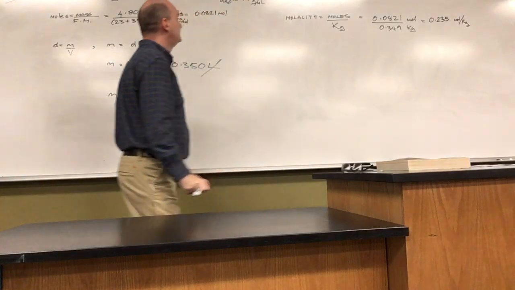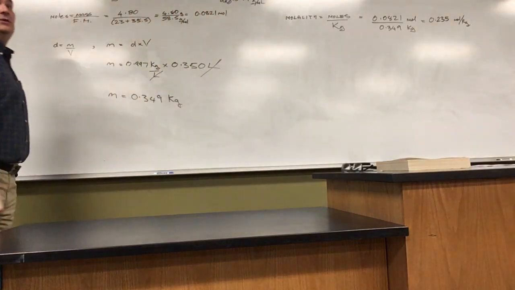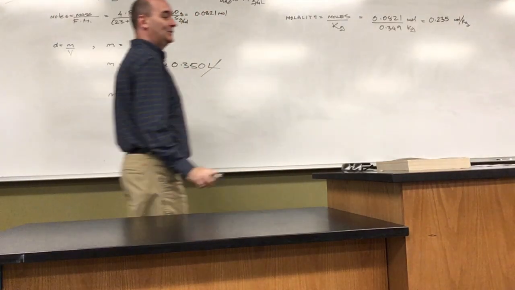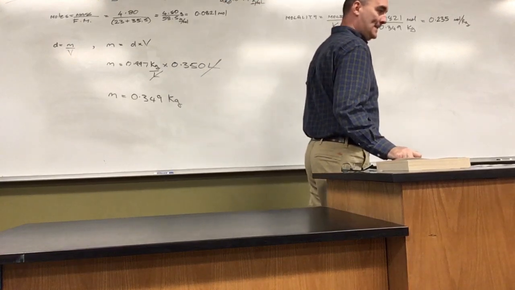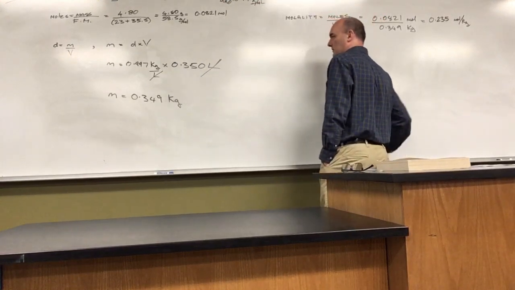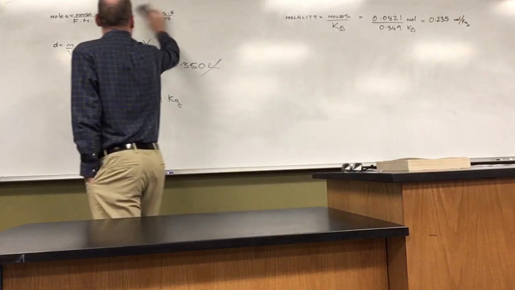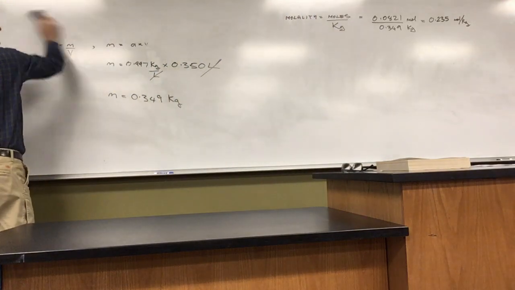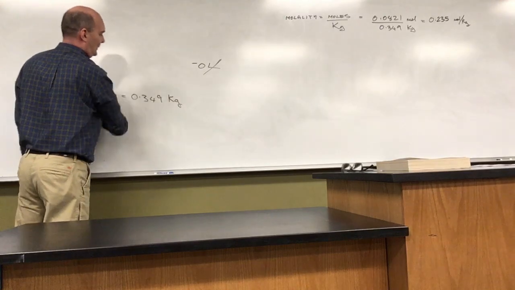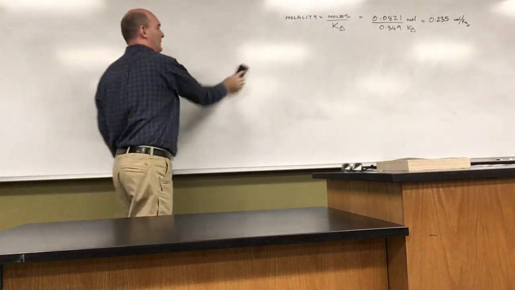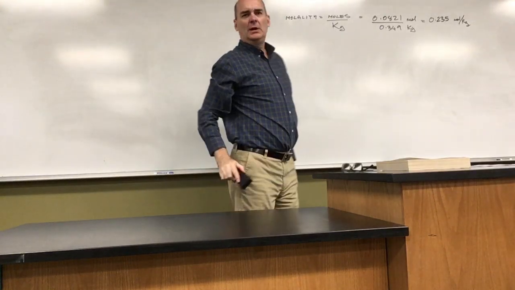Okay. That's everything that you're ever going to need to know about Chapter 13. The cool part in there is making binary mixtures of volatile liquids and predicting what the pressure is.